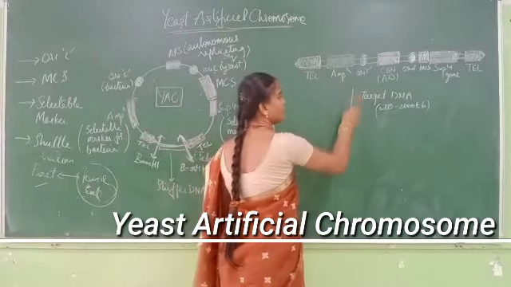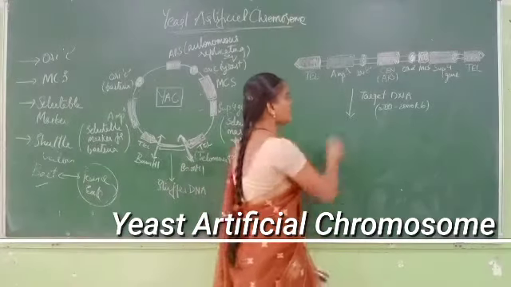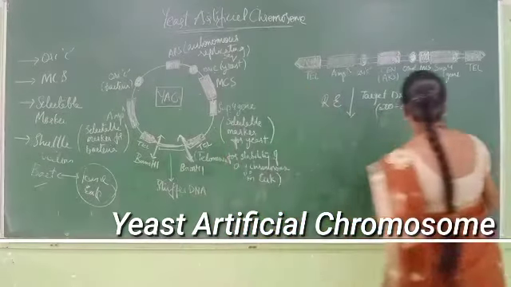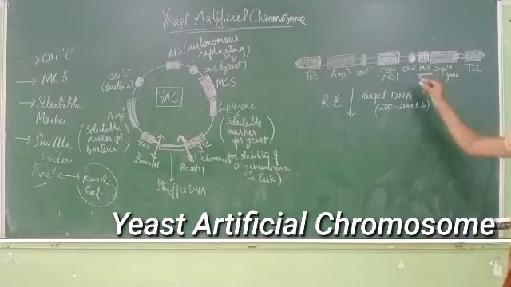How is this insertion done? How is this target DNA molecule inserted in your linear YAC? It should be treated with restriction endonucleases. When it is treated with restriction endonucleases, these restriction endonucleases will go and cleave at your MCS site, isn't it?